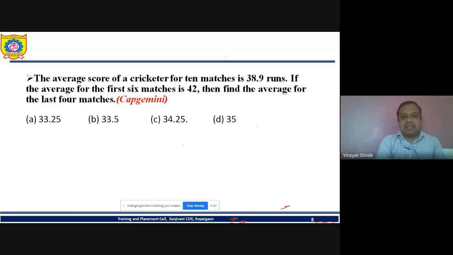This is a question which was asked in Capgemini. The average score of the cricketer for 10 matches is 38.9. If the average for the first 6 matches is 42, then find the average for the last 4 matches.